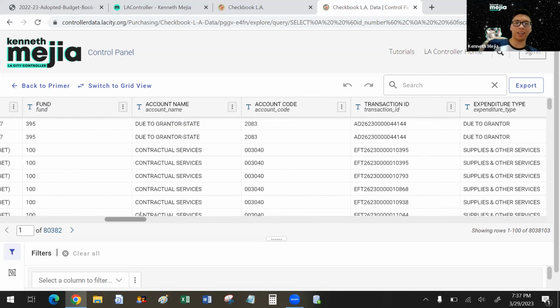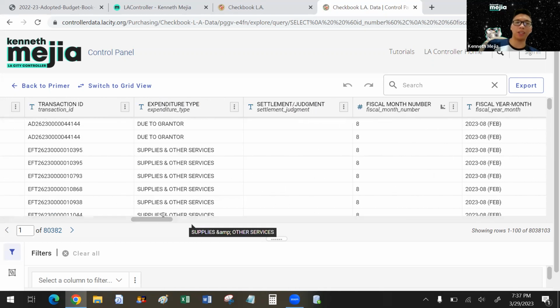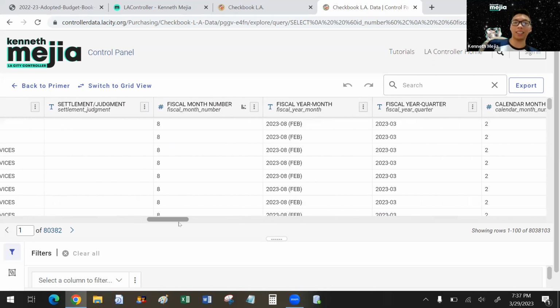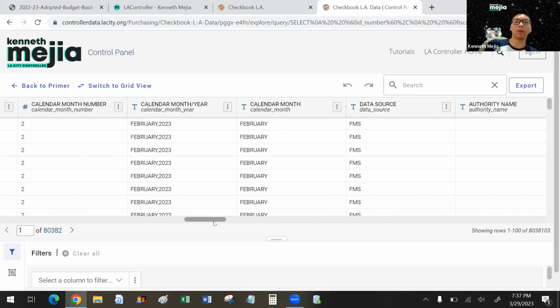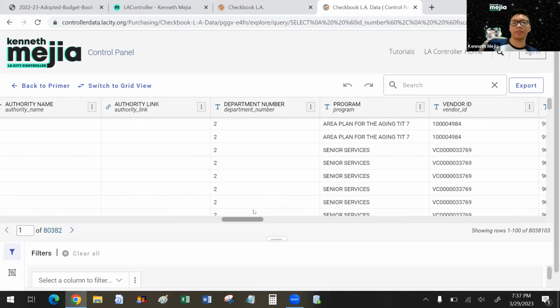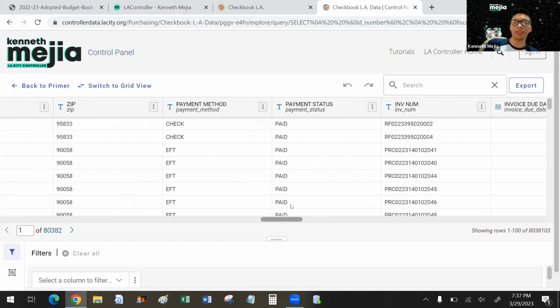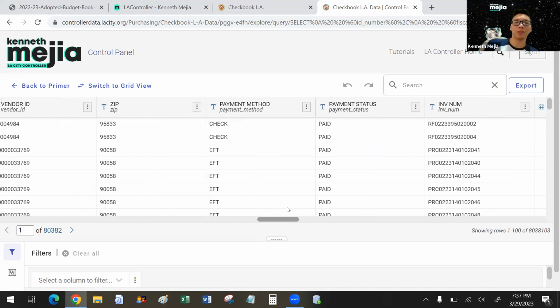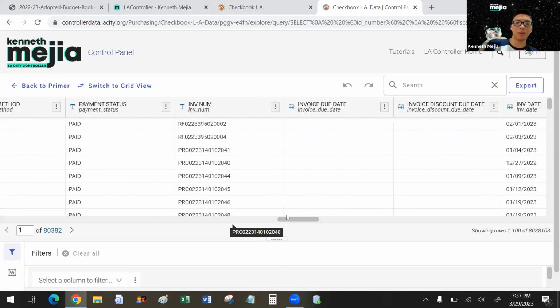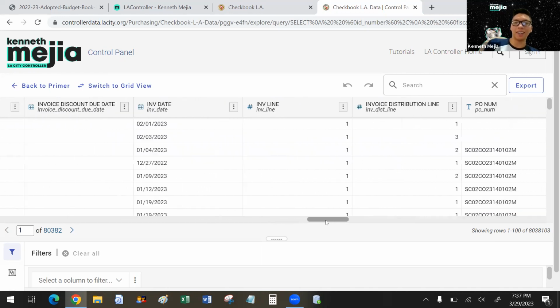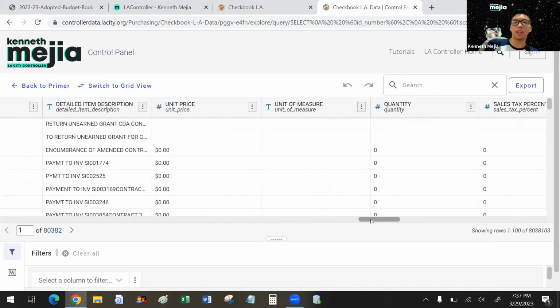You may not need all this information, but if you wanted the exact details, the exact invoice number, the program, whether it was paid by check, the invoice date, all this stuff, you would use the raw data.